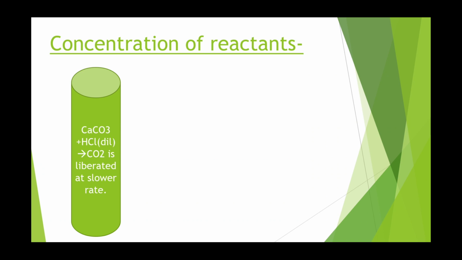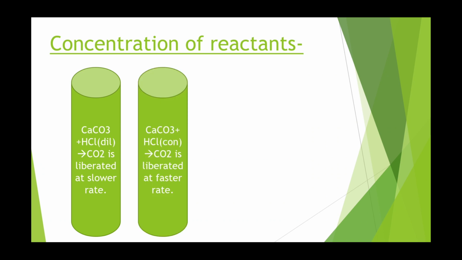We have to take two test tubes with calcium carbonate in each. In one test tube we add dilute hydrochloric acid, while in the other we add concentrated hydrochloric acid. And now we observe the chemical reaction.